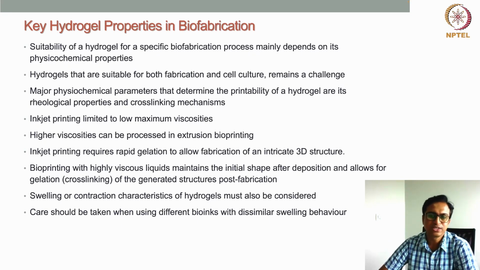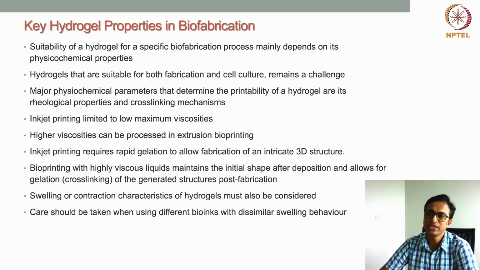But as soon as it comes out of the nozzle, it should start solidifying so that the shape can be retained, the structural resolution can be maintained, or the printing fidelity can be improved, right?